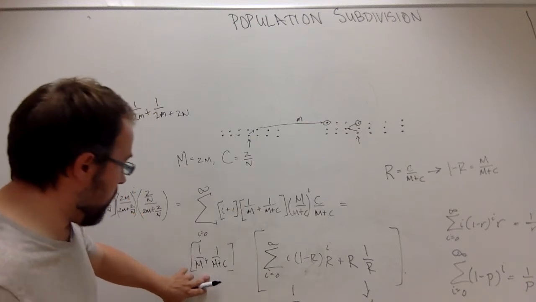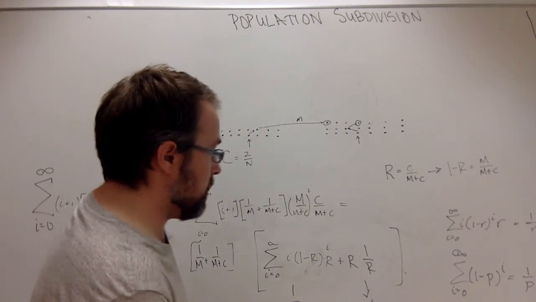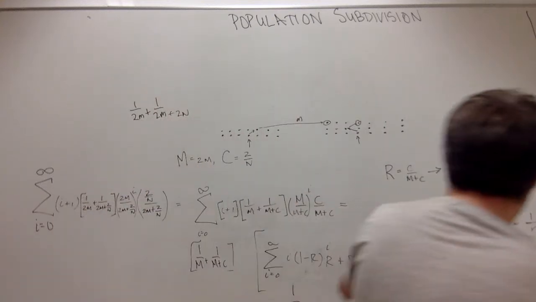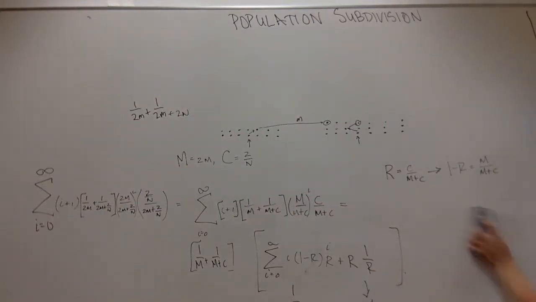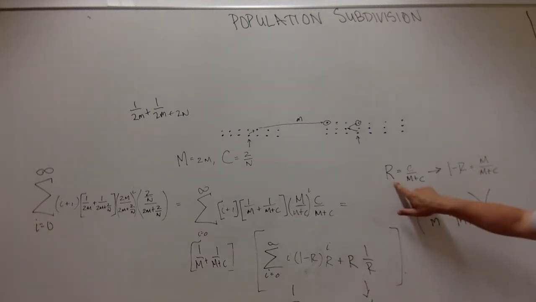So we've got 1 over m plus 1 over c. I'm going to migrate this out over here. So we have 1 over m plus 1 over m plus c, times 1 over r.